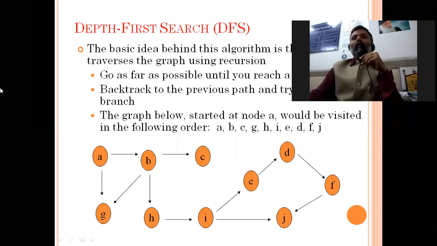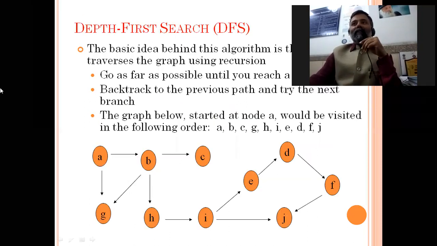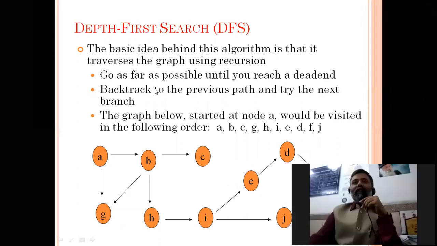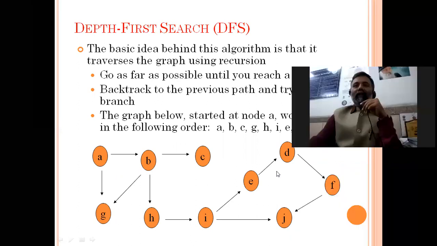Now the basic idea of the DFS, as I said, is to go as far as possible until you reach a dead end, and then go back through the previous path and try the next branch. Suppose we have this graph. We can move from A to B and B to C. But you can see from C we have no outgoing edge, so this is a dead end.